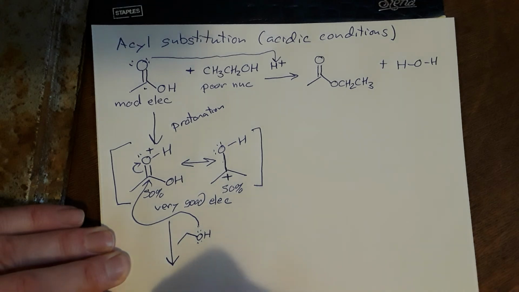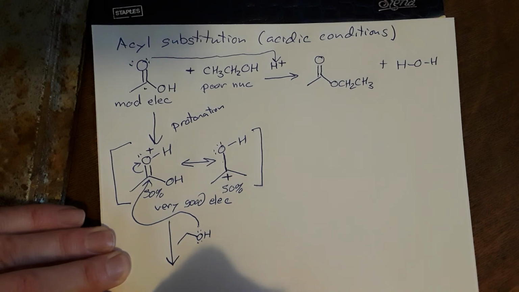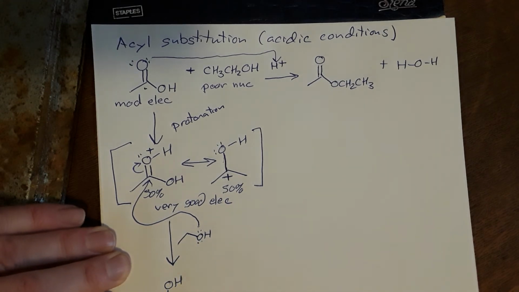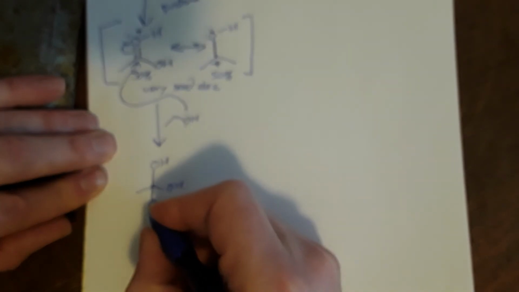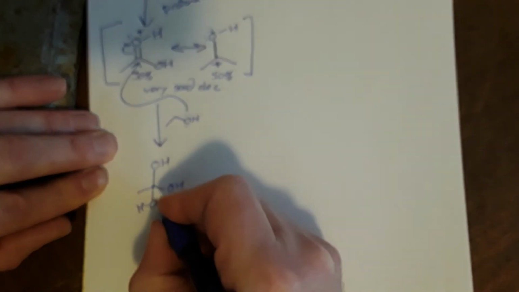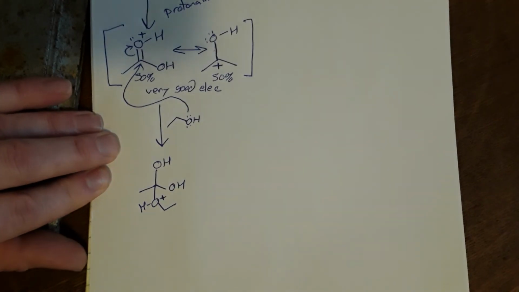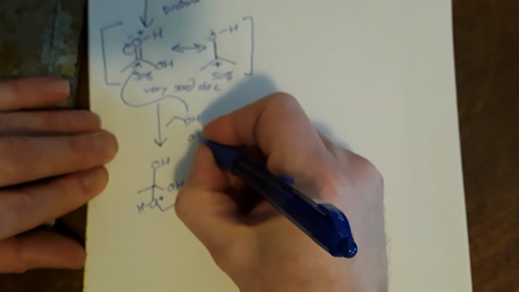We're adding it, and we are breaking the pi bond if we're attacking this resonance structure, and we have an intermediate that we are producing here. That is our tetrahedral intermediate. So here is our leaving group, our OH, and here is the nucleophile that we have just added here that now has a positive charge on it. So we did protonation, now we are doing addition.